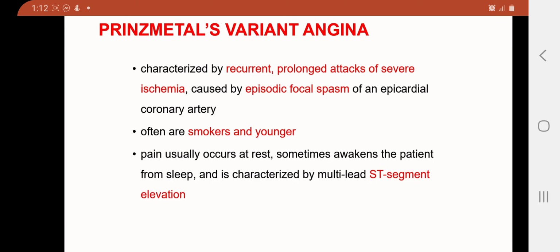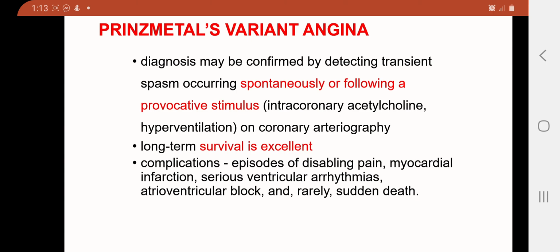Okay, another segment of angina is your Prinzmetal variant angina. It is characterized by recurrent, prolonged attacks of severe ischemia caused by episodic focal spasm of an epicardial artery. It is common among smokers and younger populations. Pain usually occurs at rest, sometimes awakens the patient from sleep, and is characterized by multi-lead ST segment elevation.